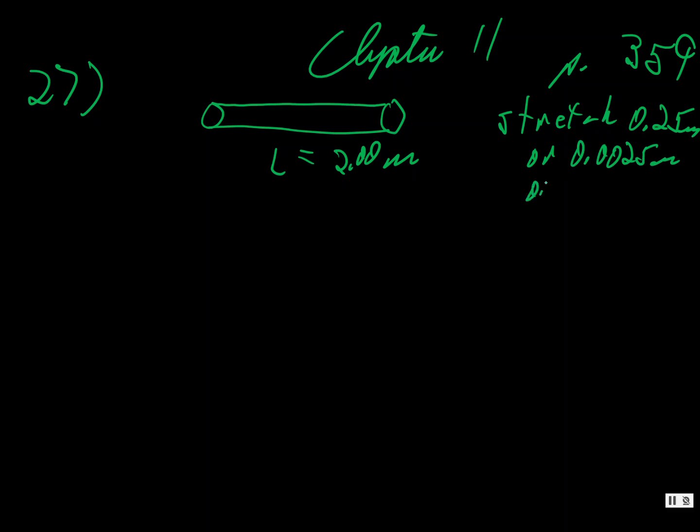Or 2.5 times 10 to the negative third meters, right? Yeah, move your decimal place. And what is that value? Well, that's delta L. That's the change in length.